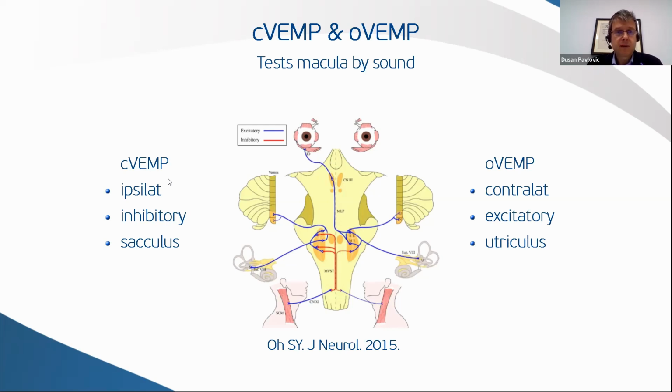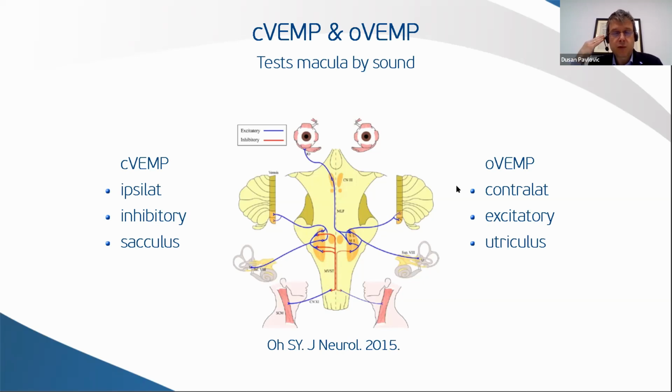And the CVEMP represents the response from the sacculus. Mainly, stimulation of the sacculus gives the response for CVEMP. On the other side, OVEMP is an excitatory reflex, and it is recorded contralaterally.